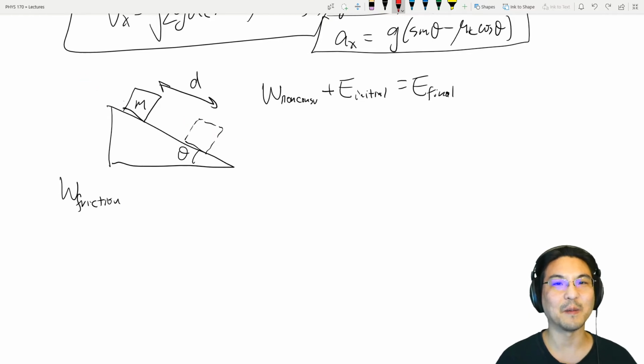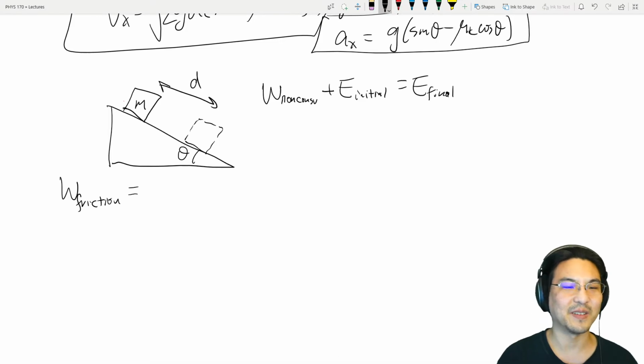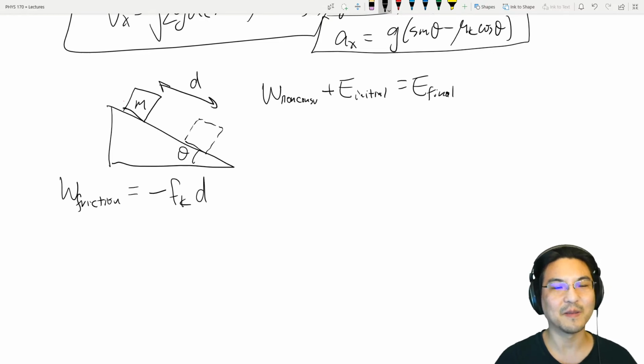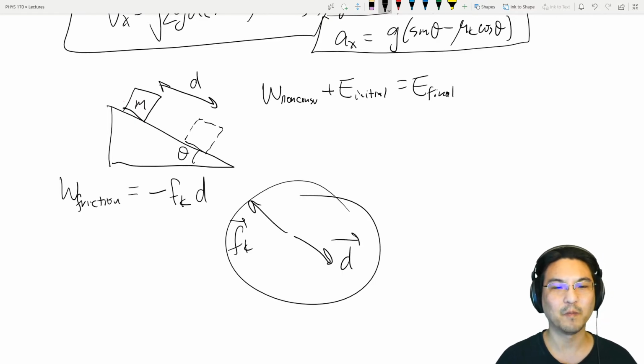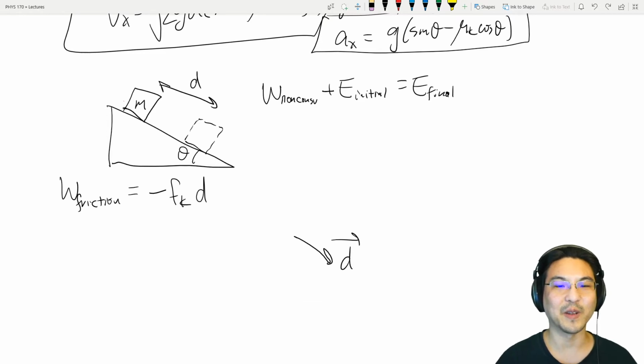When you dot them, they're opposite of each other, 180 degrees, so it'll just be minus that friction times that displacement. When you dot them, you get a scalar, and because they're exactly 180 degrees, it's just minus, because cosine of 180 is minus 1.